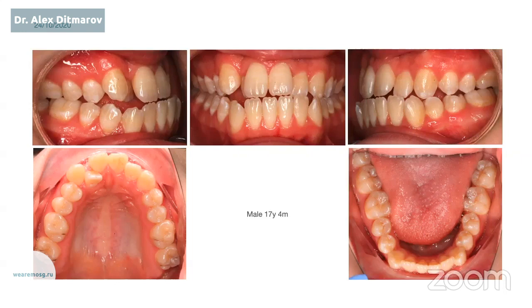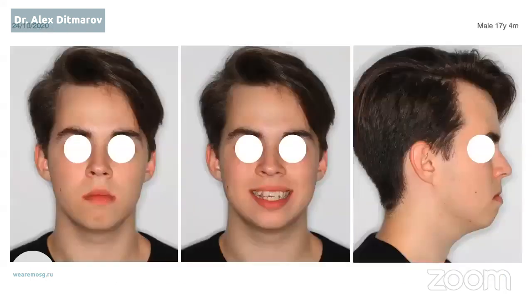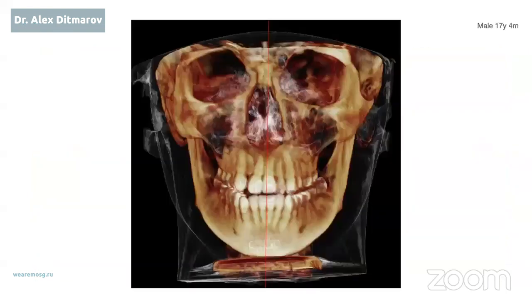Of course, we can look at the facial photos, but it's much better to look at it on CBCT. When we look at CBCT, we can clearly see that there is no significant skeletal asymmetry. So his midline shift is mainly dental in nature. This is due to the blocked upper right lateral incisor.